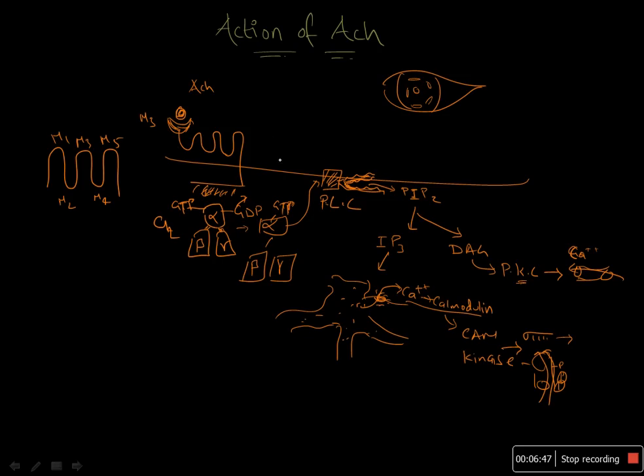Now let's find out how the G inhibitory protein works. G inhibitory protein is also a 7-pass receptor, right? Let's say this is the G inhibitory protein, and acetylcholine is binding to it. This also has an intracellular domain, and this intracellular domain would activate G inhibitory.